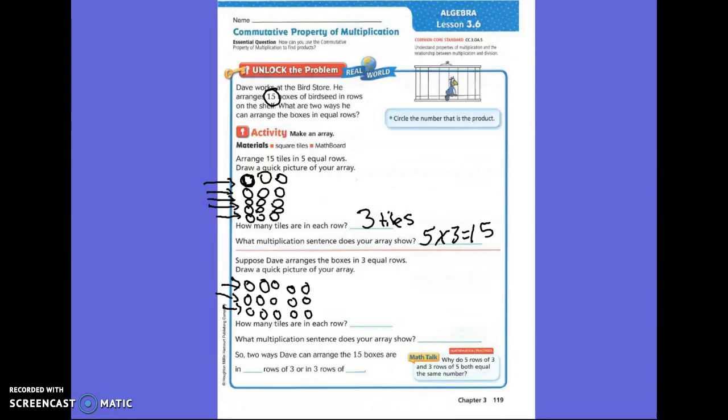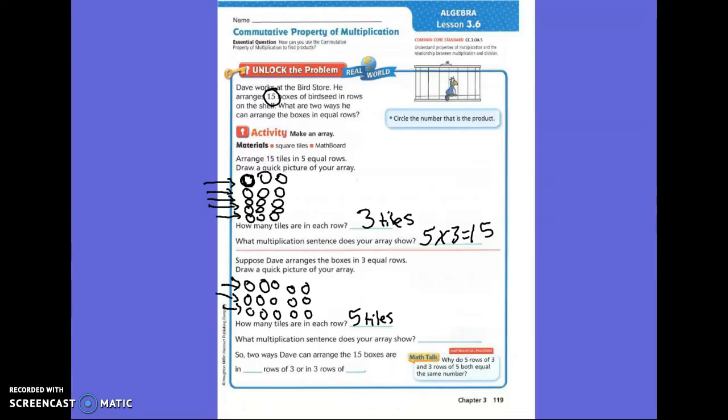How many tiles are in each of these rows now, everyone? 5 tiles. So what is our multiplication now, Tyson? Not 4. 5 is the right second factor, but what's the first factor supposed to be?